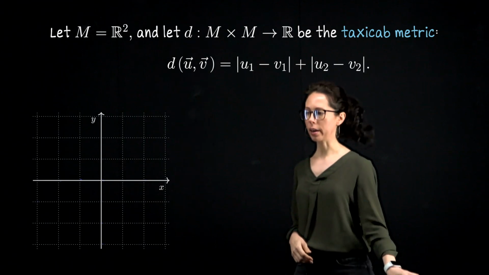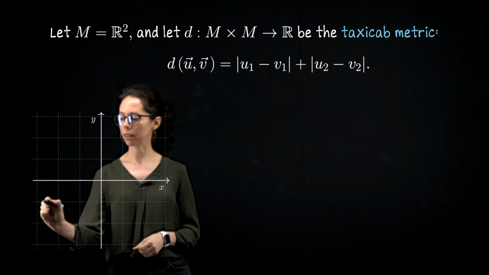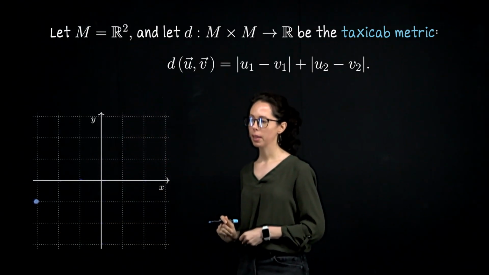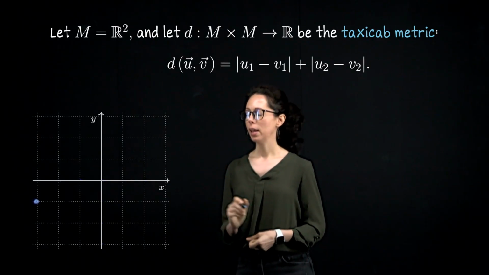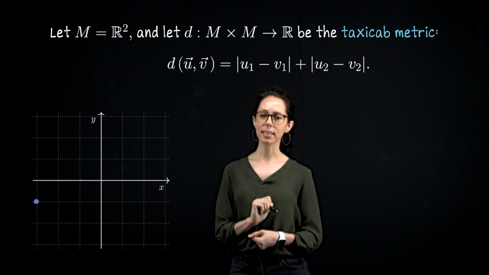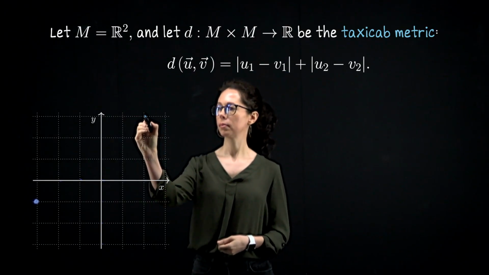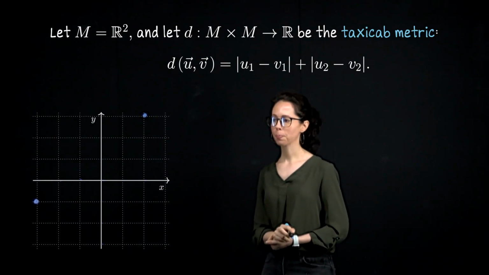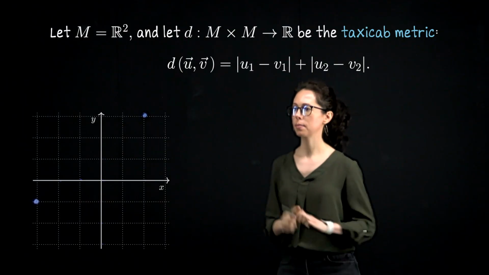Okay, so how does this work? Suppose I take the point -3, -1 down here in the third quadrant. That would be u1 comma u2 in my definition. And I want to measure its taxicab distance to the point 2, 3, right here. So that's the point v1, v2. What is the taxicab distance between these 2 points?